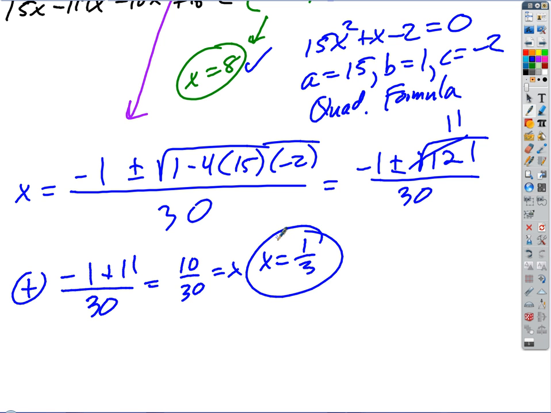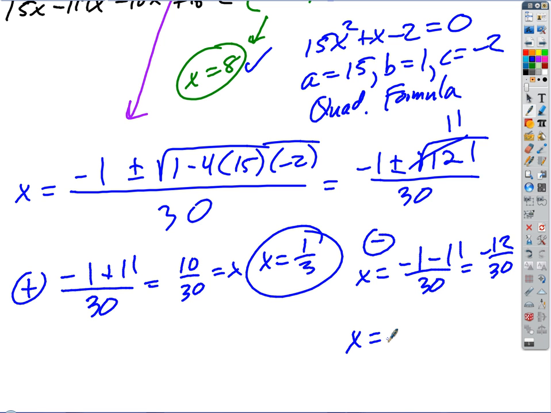What if I take the minus sign? Then I'm going to get x equals -1 minus 11 over 30, which is -12 over 30. So what's that reduced to? 6 goes into both those. 2/5, -2/5.